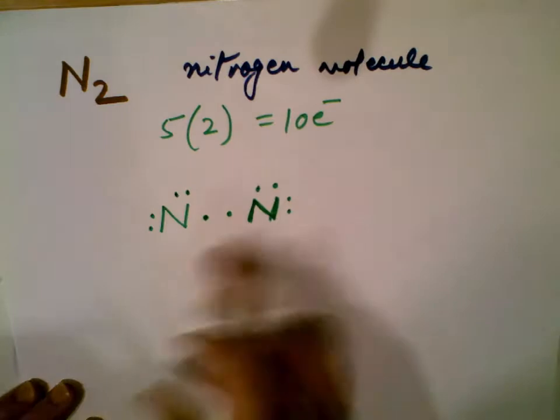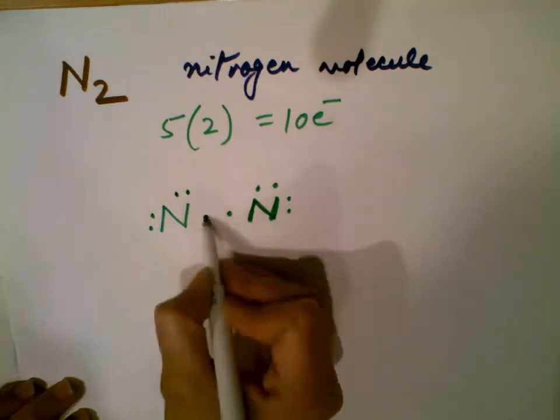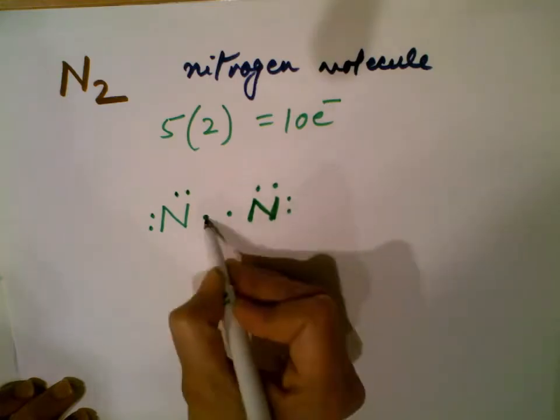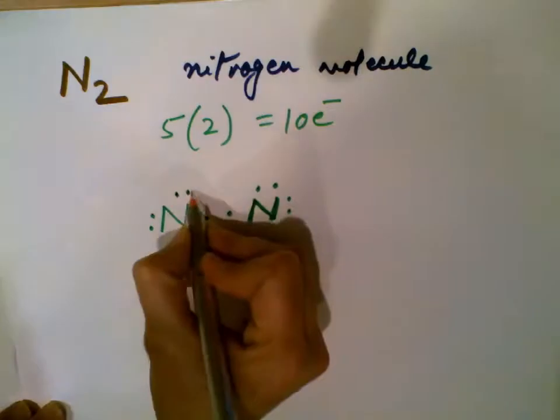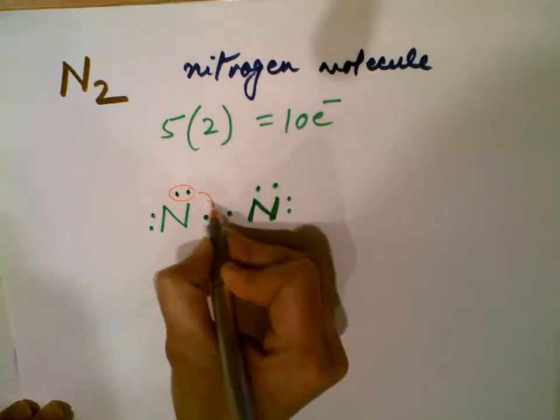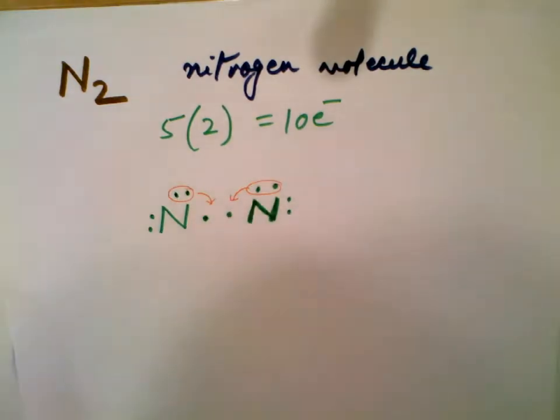Now look, none of these nitrogen atoms has a full octet. 1, 2, 3, 4, 5, 6. So what are we going to do? We are going to move these electrons here. These 2 pairs are going to go in the middle.